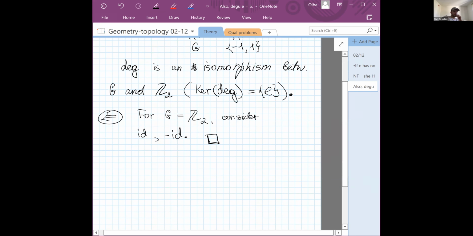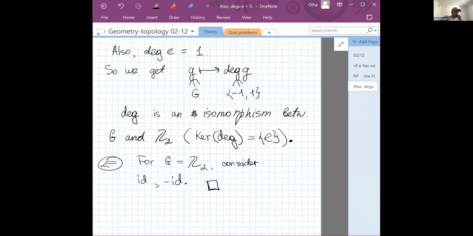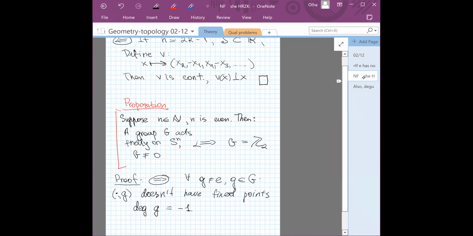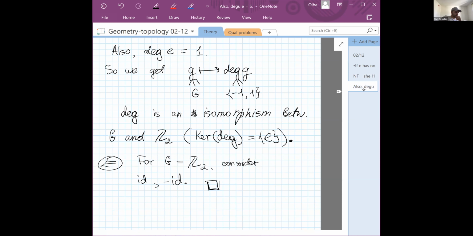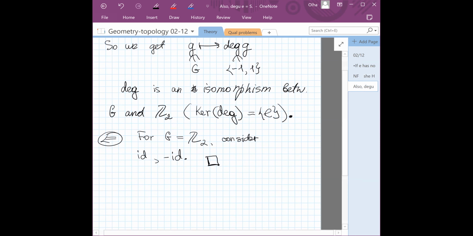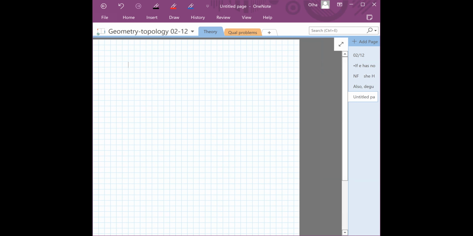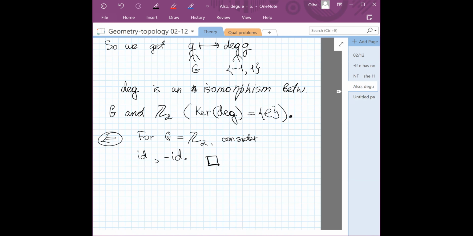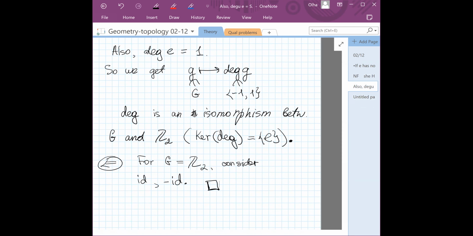Could you really quickly show the statement of the proposition again? Yes. No, wait. This one. Okay, awesome. Thank you. Okay, let's move on. Oh, I had a question. So the argument you just gave for why something without fixed points has degree -1, could you use that to say that not just an automorphism of the sphere, but any map from the sphere to itself that doesn't have fixed points has degree -1?